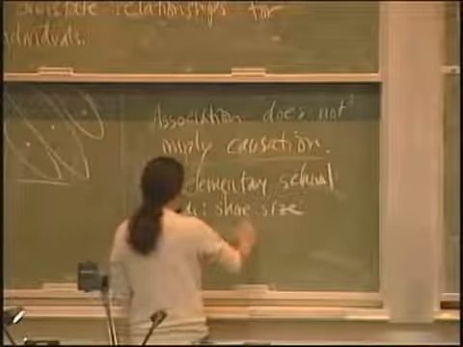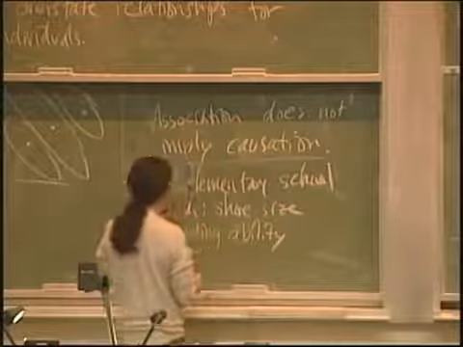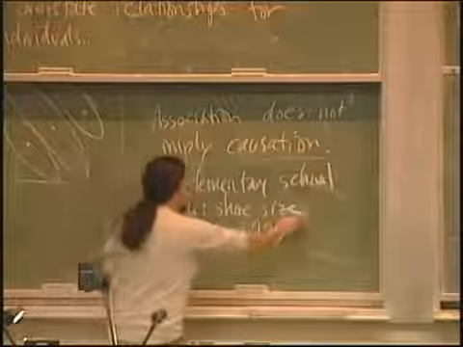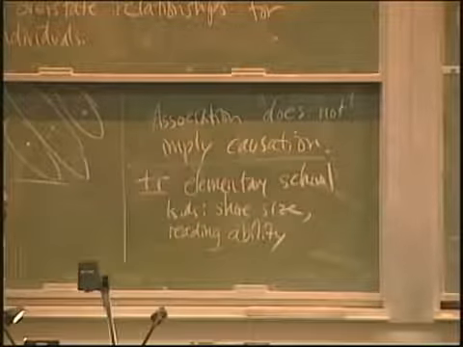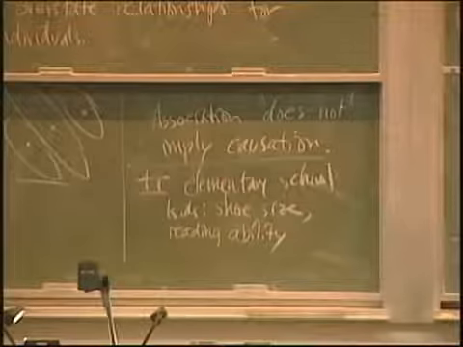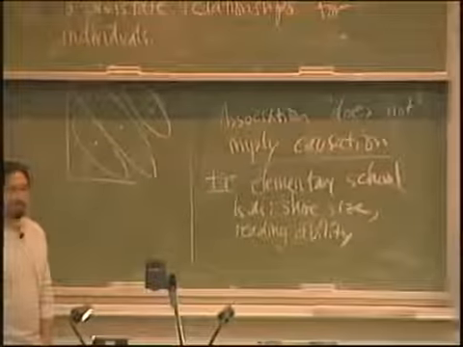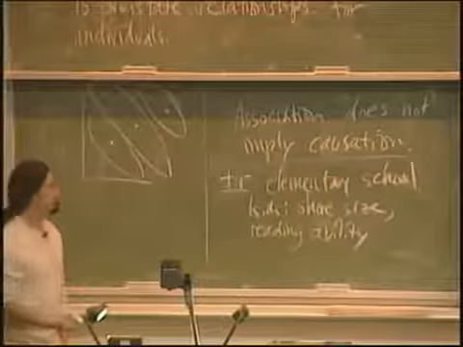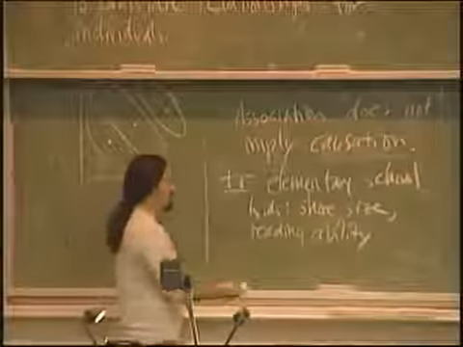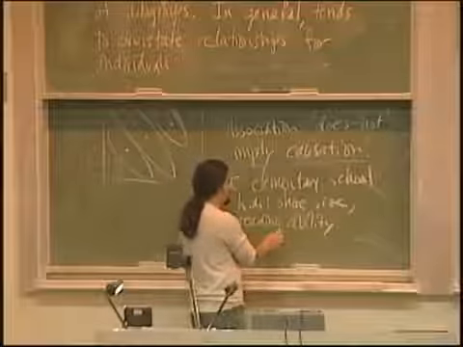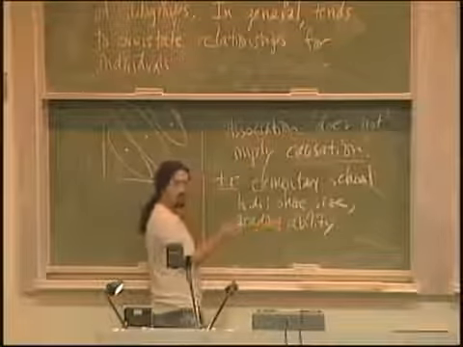Okay? So if you measure kids' scores on like a reading test and you measure their shoe size, you'll find that there's a positive correlation. Why? Yeah. So age is what's going on here. The older kids have bigger feet and they tend to read better, right?